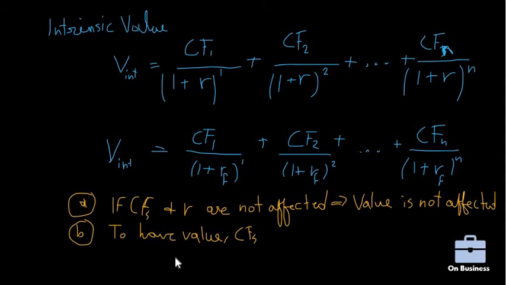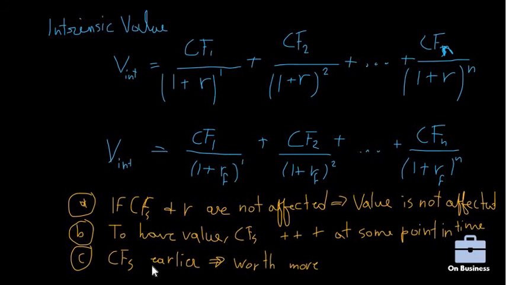The second thing we have to note is that in order for an asset to have value, those cash flows have to turn positive at some point in time. So you may be losing at the first couple of years, but you have to turn positive, or else those assets do not really have any value.